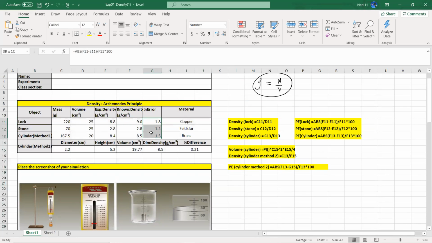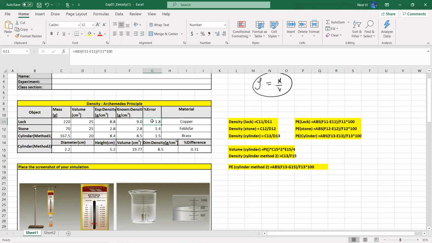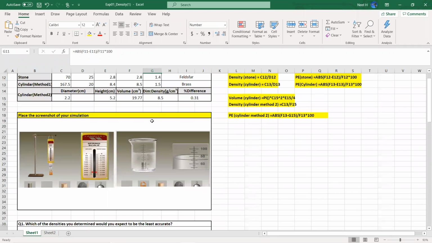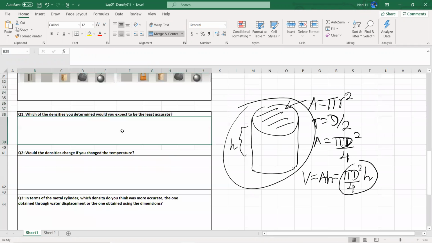You can see all 3 different objects, and I have the percentage error here. Whatever has the highest percentage error is going to be the least accurate answer, right? So you just need to write like 2 sentences: how you picked the answer, and what the answer is, okay? Make sense? Type your answer in this space.